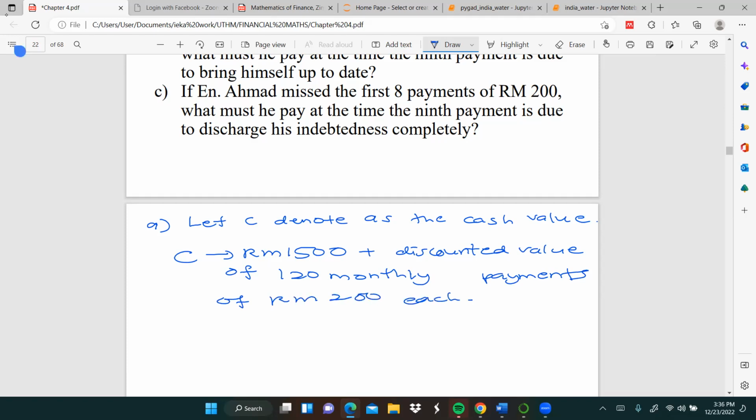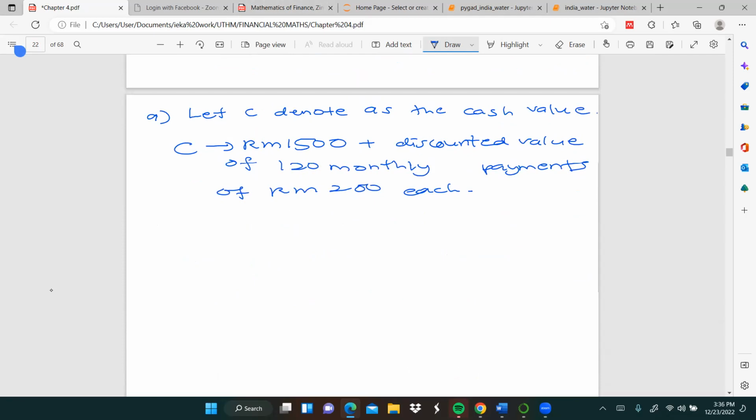So this is the statement, and then we draw the time diagram. Always start with 0, 1, 2, 3, 4, then we have 119 and 120.